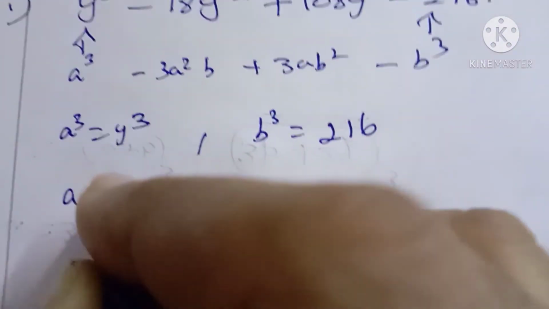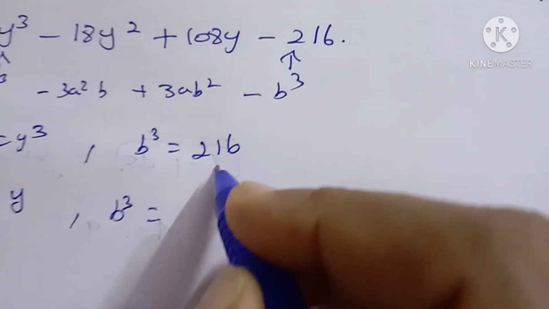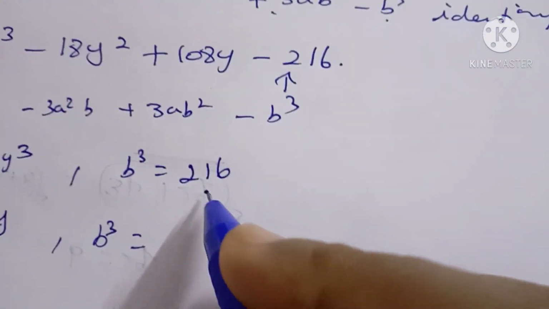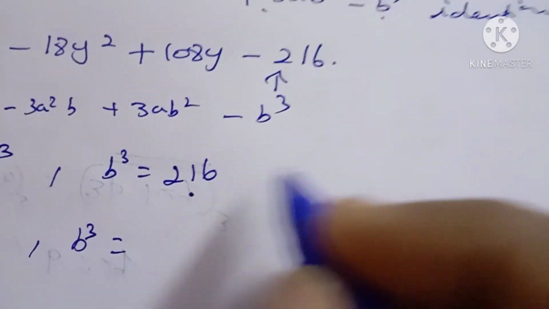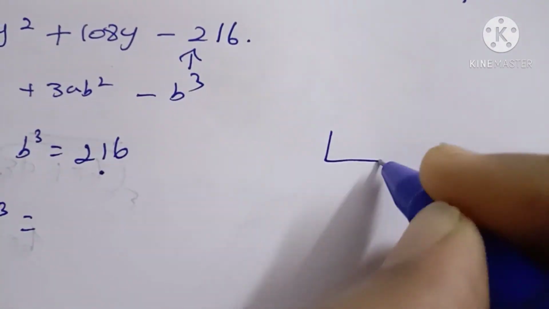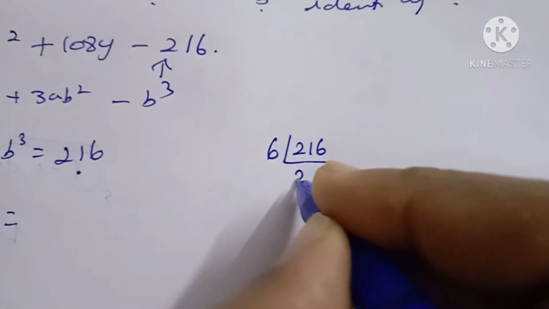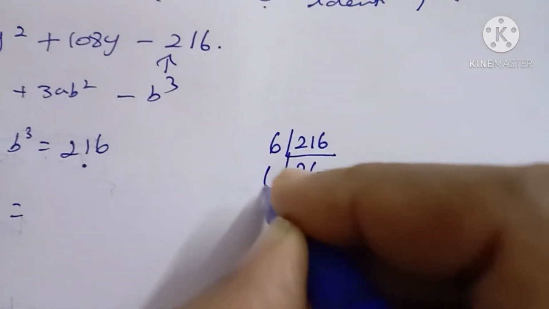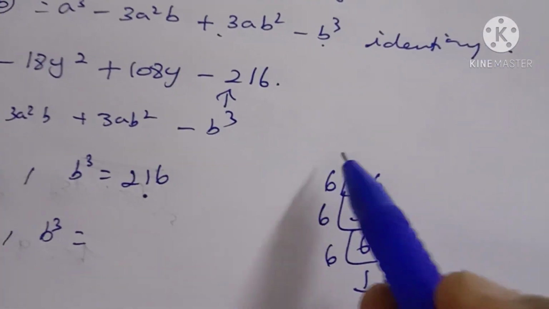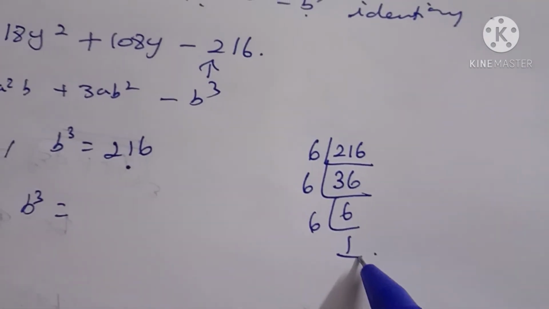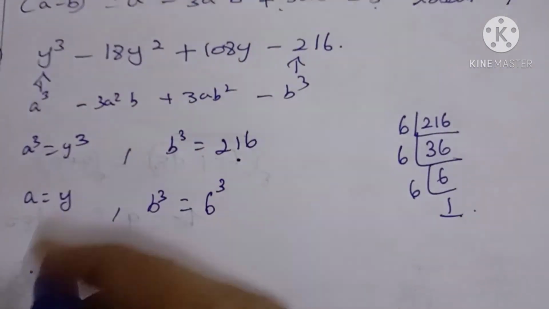Therefore a value is equal to y, but if you see the b cube, it's not given in the form of cube. So it can be written in the form of perfect cube number by taking the prime factors. 6 6s are 36, 6 6s are 36, 6 1s are 6. If it is in the cube, you have to take only the perfect cube number. Therefore, b cube is equal to 6 power 3.